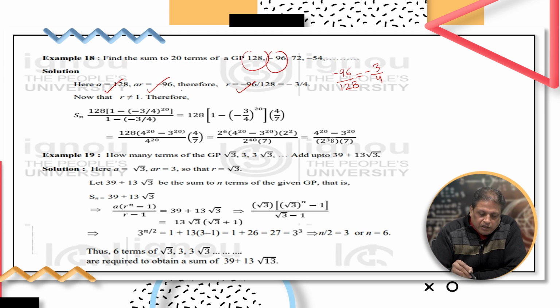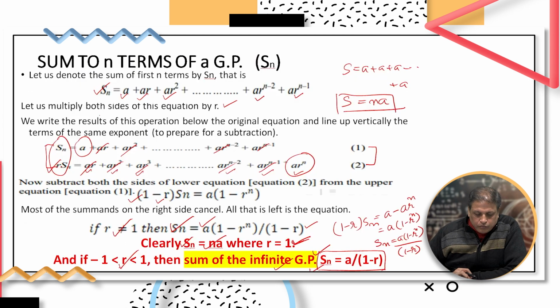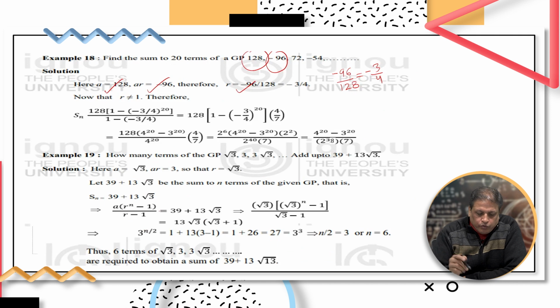Now, since the common ratio r is not equal to 1, by applying the formula a into 1 minus r to the power n upon 1 minus r, you will get a is 128, 1 minus minus 3 by 4 to the power 20 upon 1 minus r, where r is again minus 3 by 4.